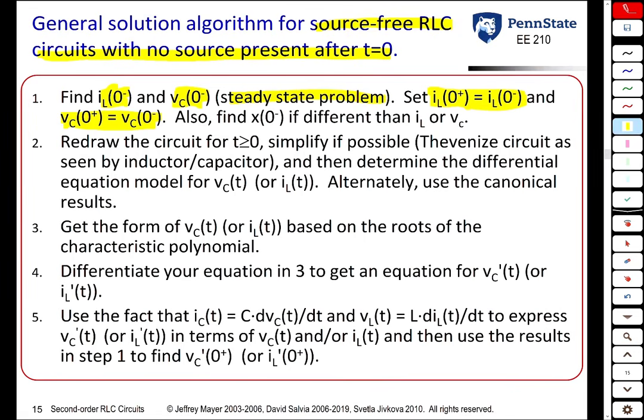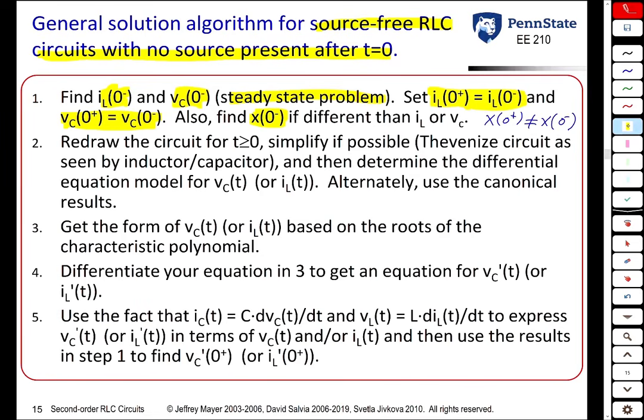The other thing we need to do, just like in the first order case, is if the variable that we're ultimately looking for is something other than VC or IL, find its value before the discontinuity as well. Note that x of 0 plus does not necessarily have to equal x of 0 minus. It depends on what the variable x is.